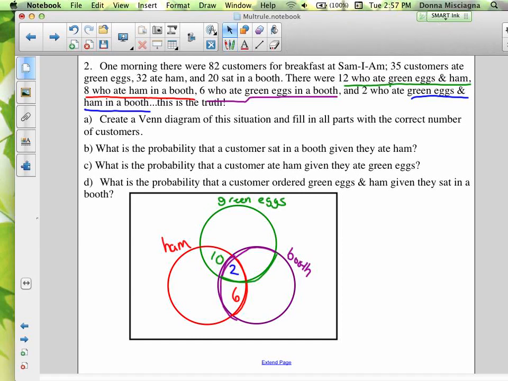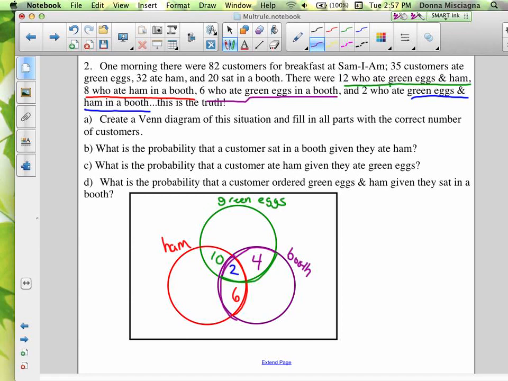We already have 2 accounted for. Those are the 2 that also ate the green eggs, so we're going to take those out of what we're going to put in the next section because they're already there. They're already counted for. So we've got 6 who ate green eggs in a booth, 2 of them also ate ham, and 4 of them didn't eat ham.